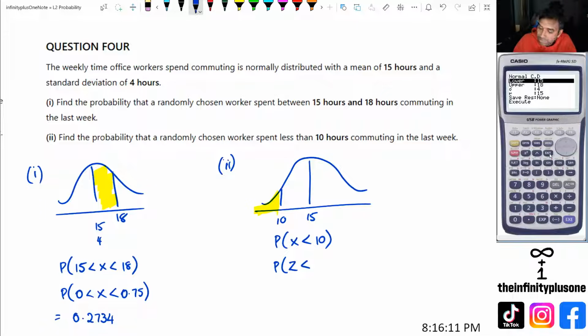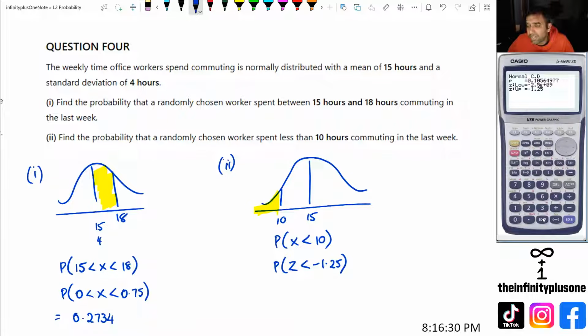So our lower limit in this case is going to be -1, and we're going to put that as exponent 10. Upper is going to be 10. Standard deviation and mean is still the same, so it's fine. And so we've got z less than -1.25.